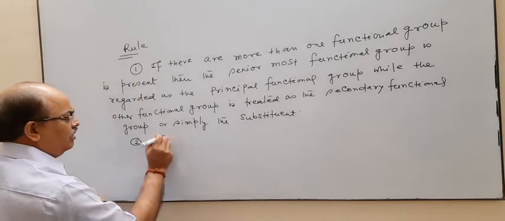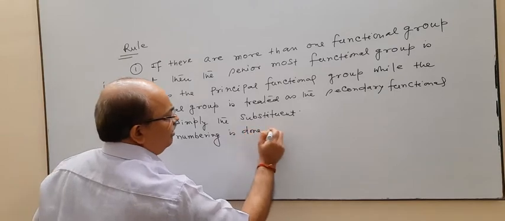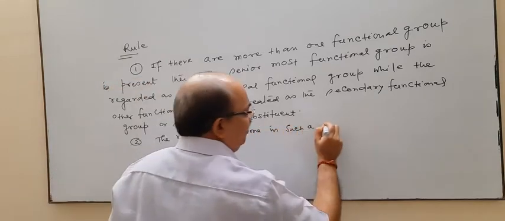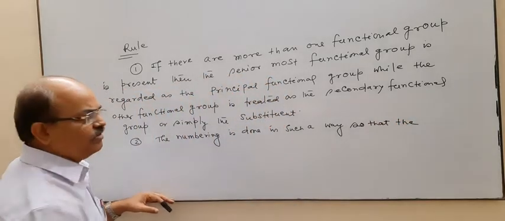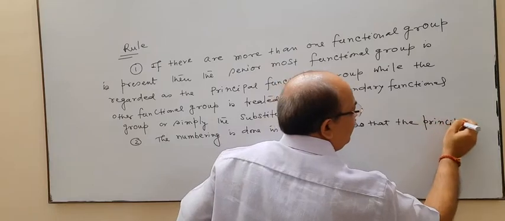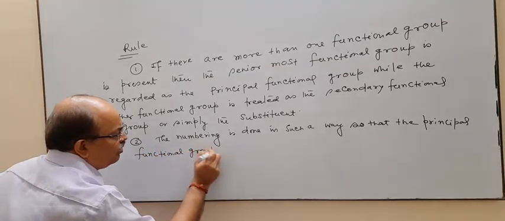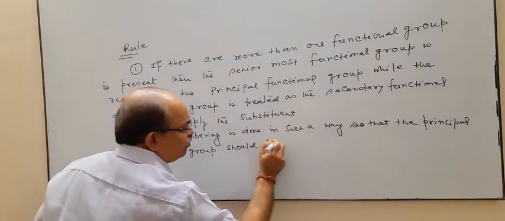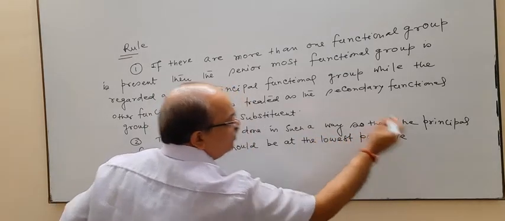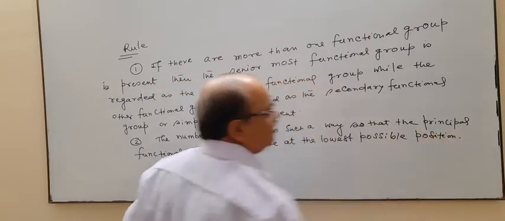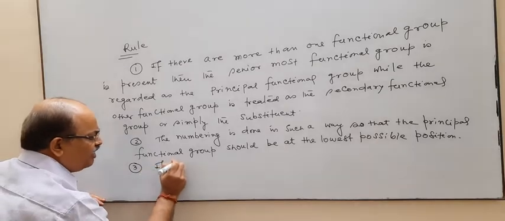Second point, the numbering is done in such a way so that the principal functional group should be at the lowest possible position.